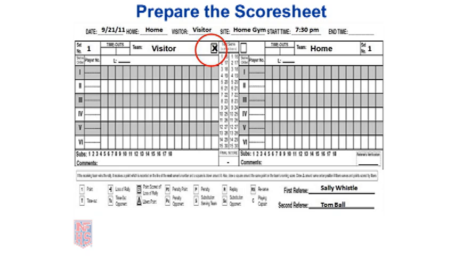The team on the scorer's left will be written on the left-hand side. In this match, that will be visitor, and the team on the scorer's right will be written on the right-hand side, home. After the coin toss, the first referee informs the scorer that visitor will be serving first. The scorer will then place an X in the box by the visitor to show they have first serve.